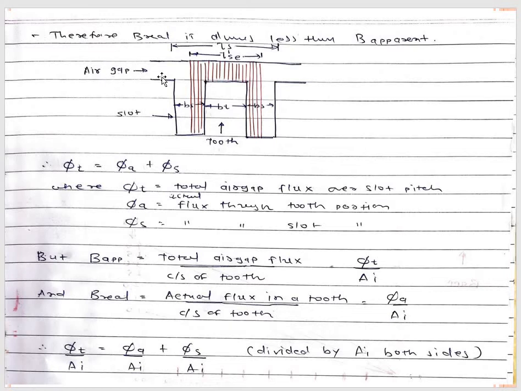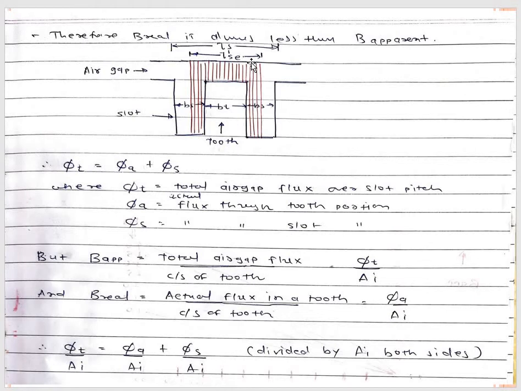In the figure we can see that this is the air gap, this is the slot, this is the tooth, again this is the slot. This is BS, the width of the slot, this is BT, the width of the teeth, and this is BS again, the width of the slot. This is tau S, the slot pitch. Tau S dash is the actual flux distribution length with the consideration of the fringing effect.